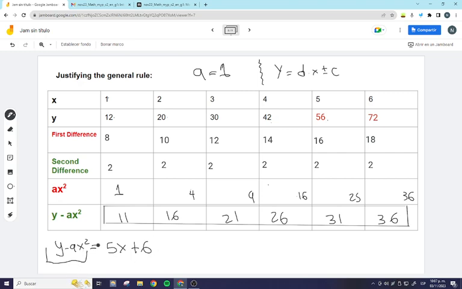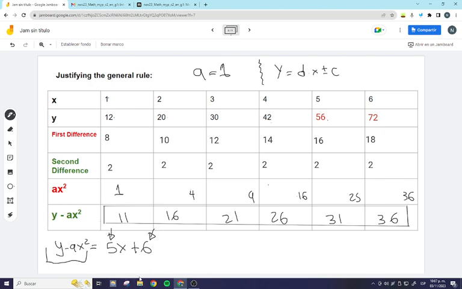Positive 6. So this is the general rule for this new thing. Okay, so once we created this general rule, if you got B and C, that means that you justified the general rule, the quadratic one, successfully, because you got the same values from another algebraic method.